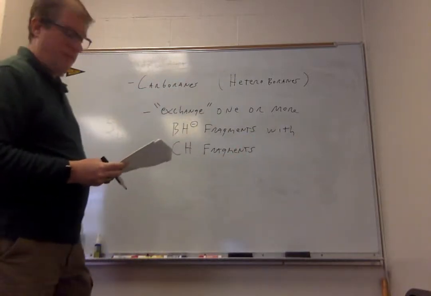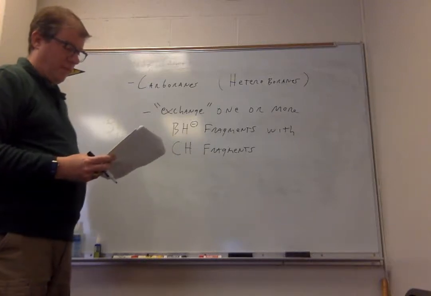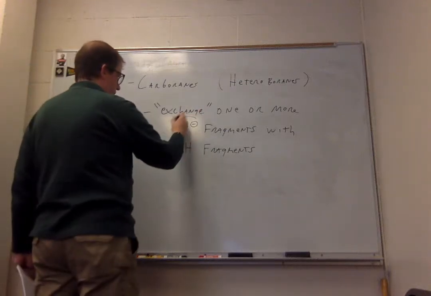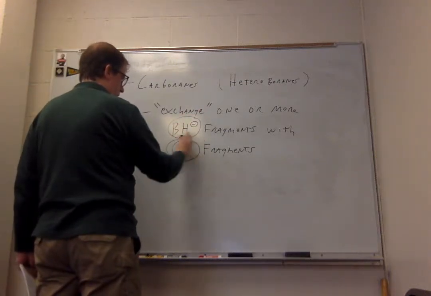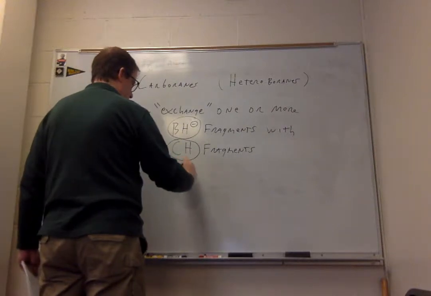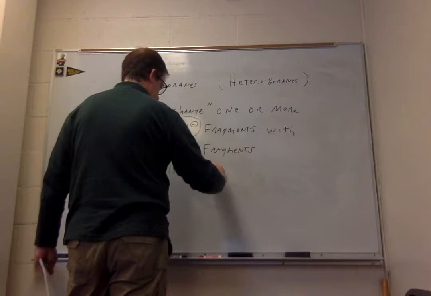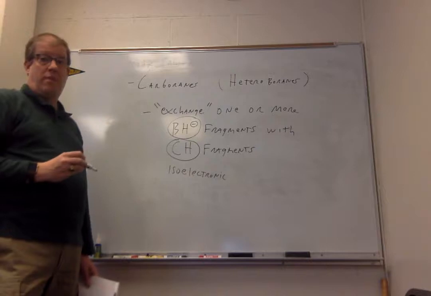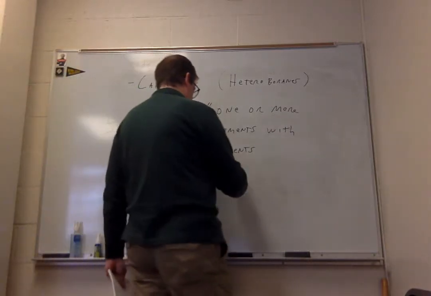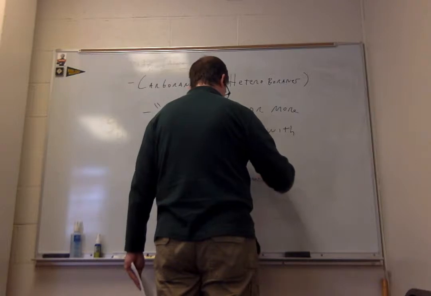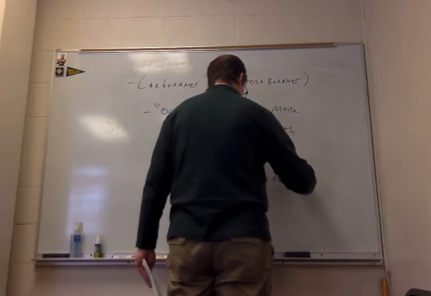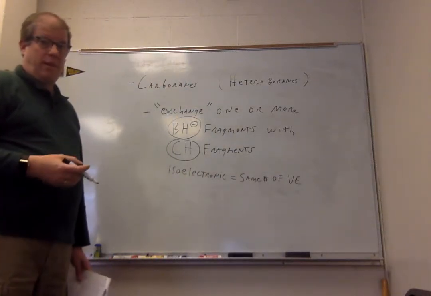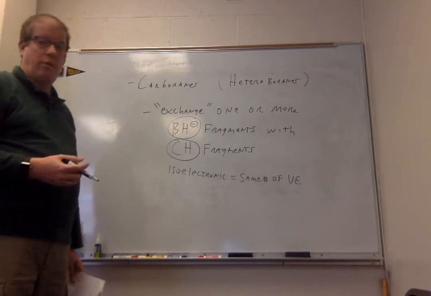With carbon-hydrogen fragments. These two things are isoelectronic, which means they have the same number of valence electrons. There's also something more significantly important about them, and that is that they are also isolobal.